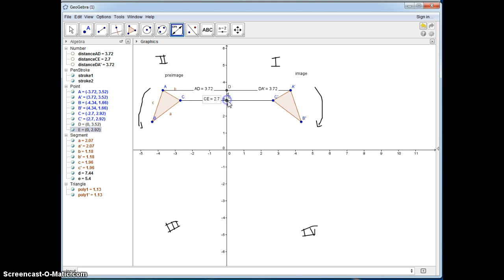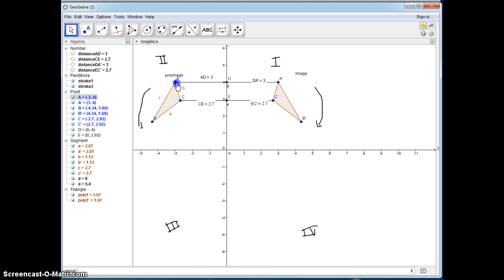Similarly, C to E is going to match the distance from E to C prime. So I can move these out a little bit so they're a little bit more friendly to look at. And if I change my pre-image, this is always true.